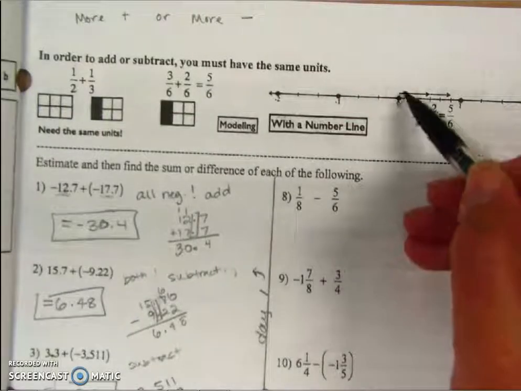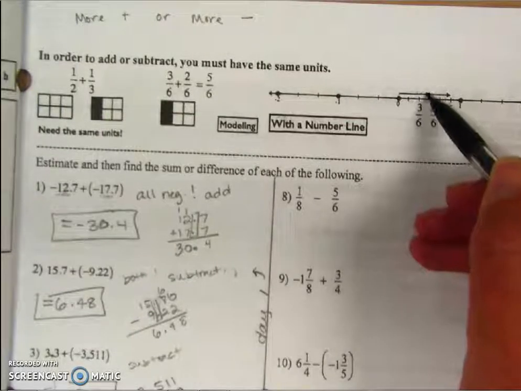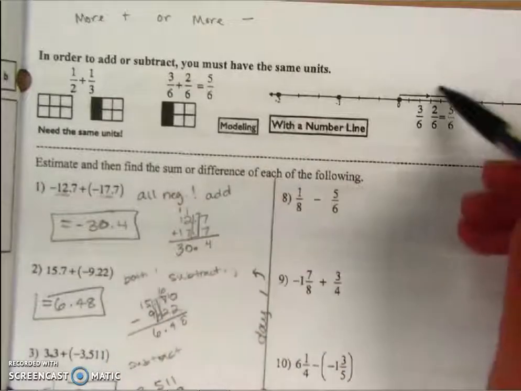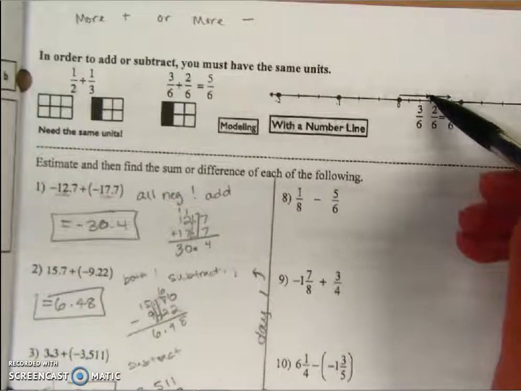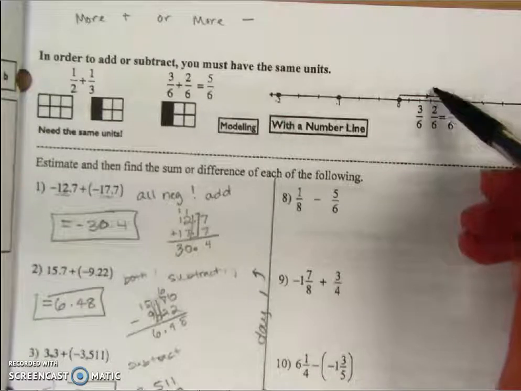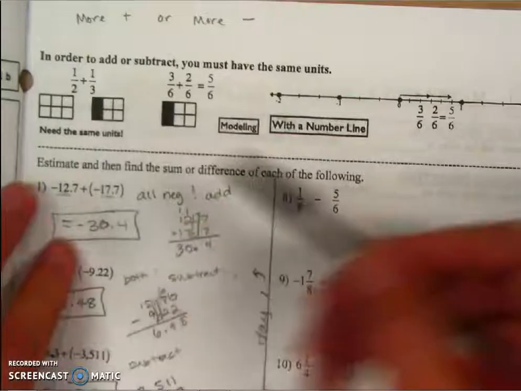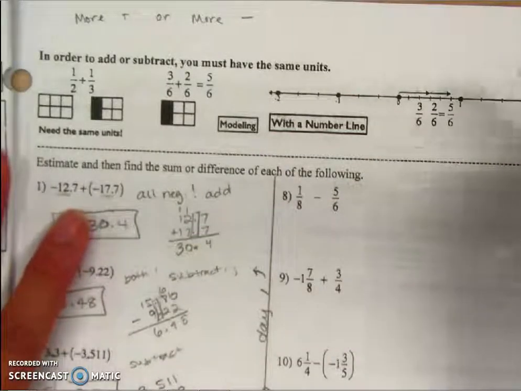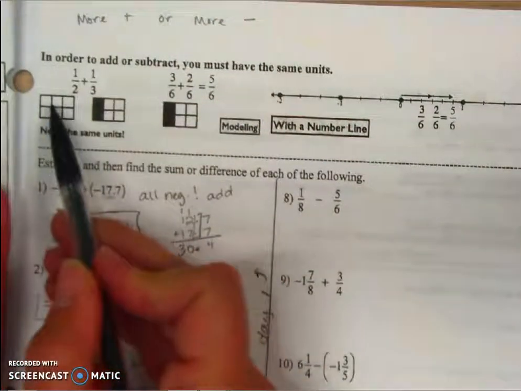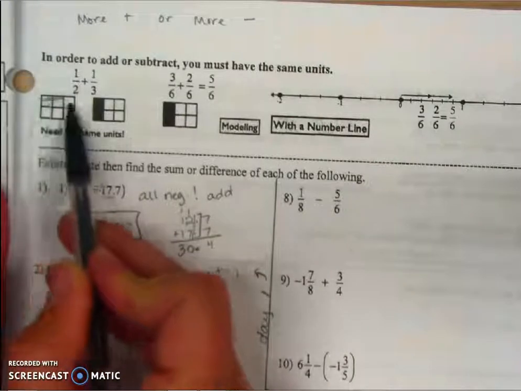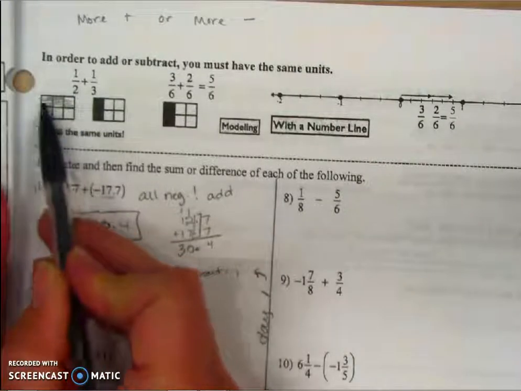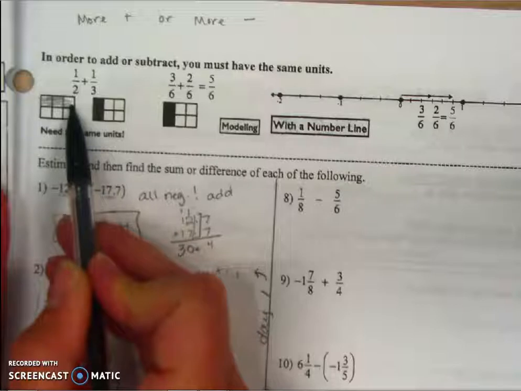So if I start at 0 and wanted to add a half and then a third, it's a little bit hard to decide how much a third would be if I'm starting from the halfway point. So that's why we use common denominators. So we can split up a half. If we split up a half into 6 parts, then we would need 3/6 to equal that 1/2.